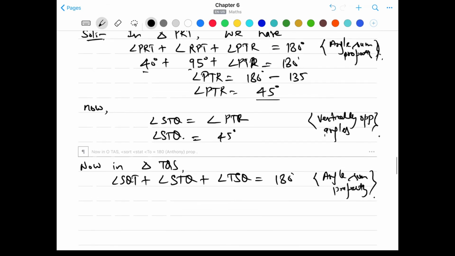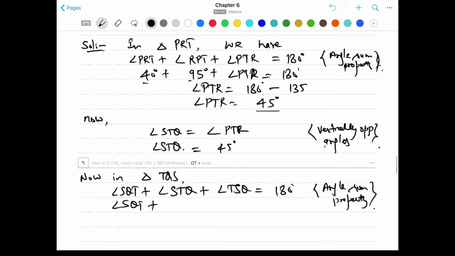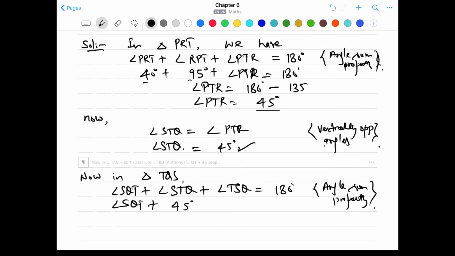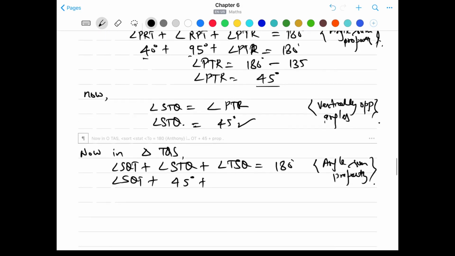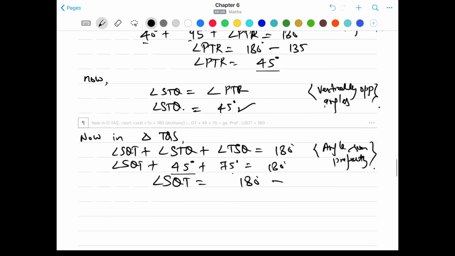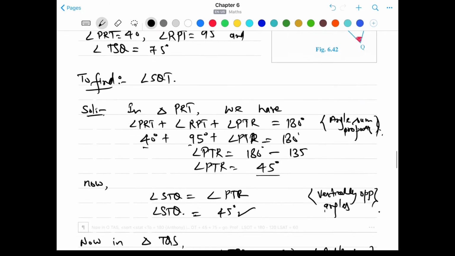Okay, SQT we have to calculate, STQ we have calculated here, which is 45, and TSQ is given in the question, which is 75 degree, equal to 180 degree. So from here SQT will be equal to 180 degree minus this 45 plus 75, which will be 120, so angle SQT will be 180 minus 120, which gives us 60 degree. So that's the answer of question number 4 of exercise 6.3.